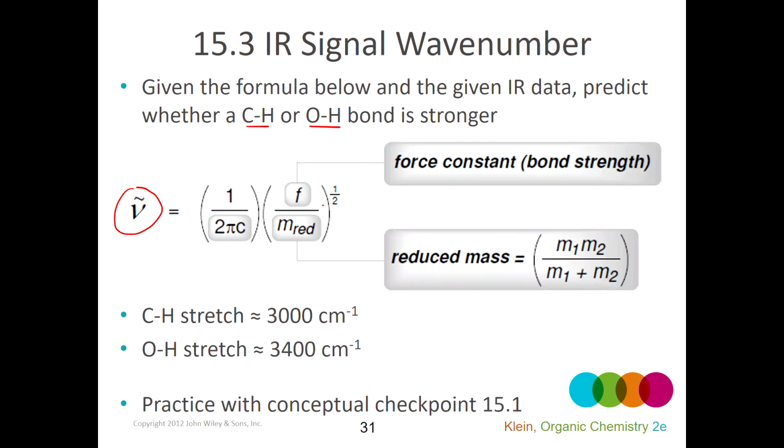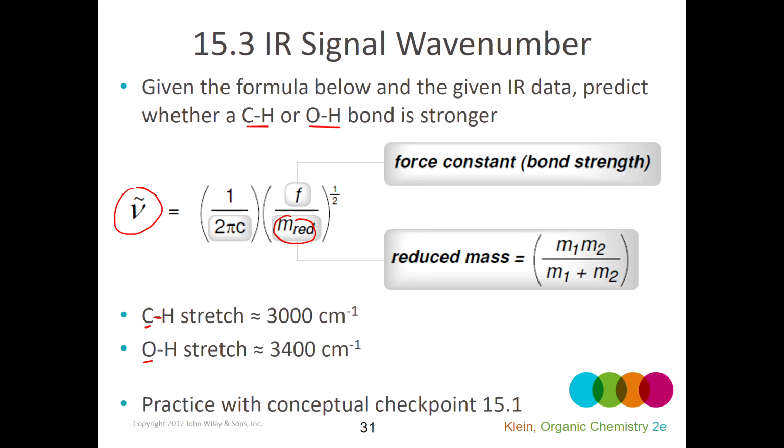And what's the difference? Well, the carbon isn't quite as heavy as the oxygen. So with the heavier oxygen, that should increase this value and actually decrease, because I'm dividing by a larger number, it should decrease the frequency of light required to be absorbed.